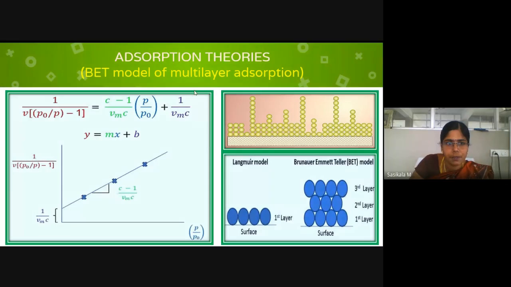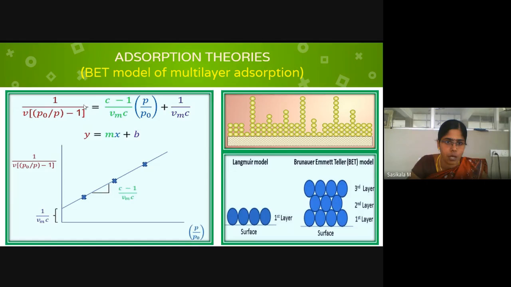And this is BET theory for gaseous molecules. This speaks about the vapor pressure of the gas molecules. Here, see, this is the adsorbent, and here the gas molecules are getting adsorbed onto the surface. Adsorption takes place in multi-layer form. So the theory is applicable for multi-layer adsorption of gaseous molecules, whereas in the Langmuir model only one layer of adsorption takes place, while in the BET model multiple layers of adsorption take place.